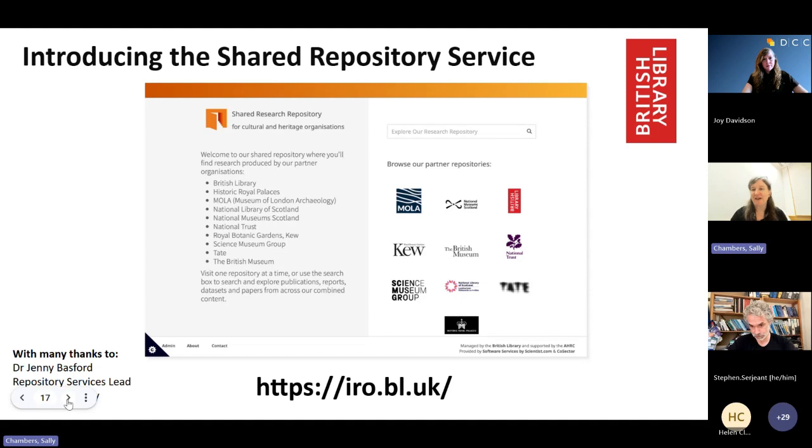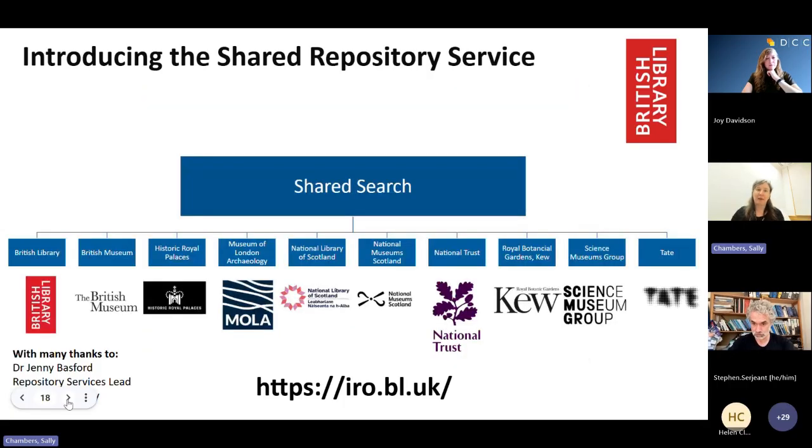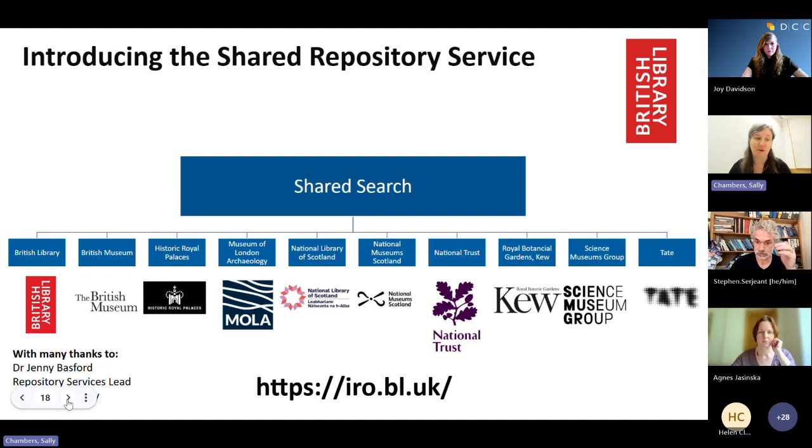Here we have a kind of mini federation of different types of repositories. You can see, for example, the British Library repository, the British Museum Research Repository, and the Tate repository, just examples of different kinds of cultural heritage institutions within the shared repository service. What makes this really exciting is that we can search across all of these different types of repositories.